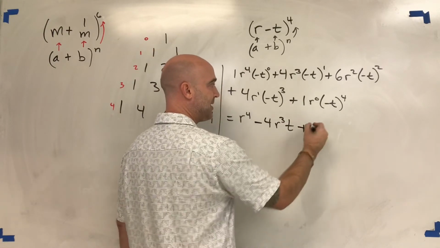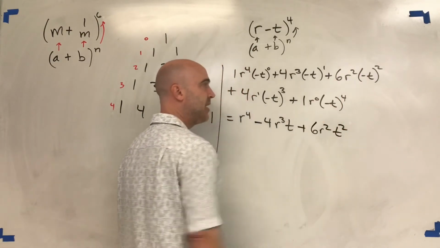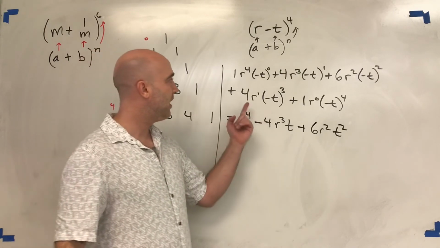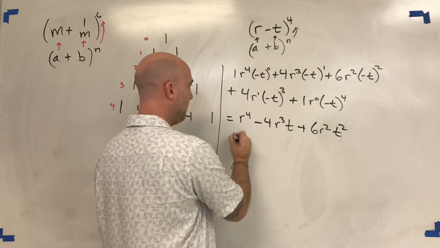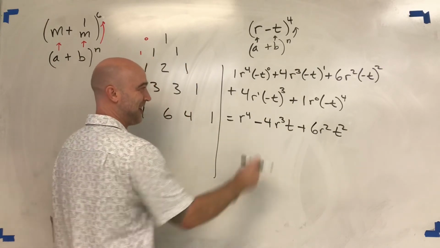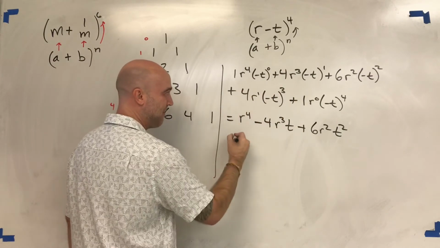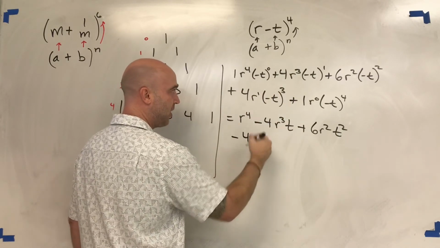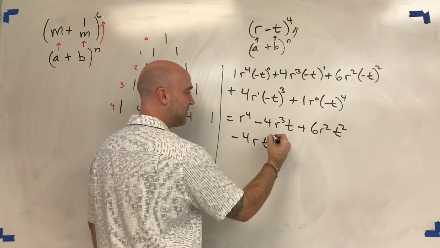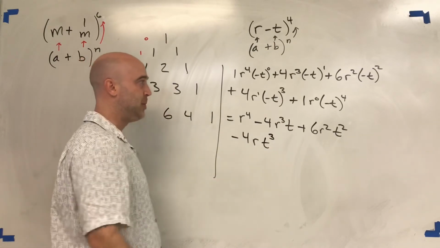Now it's a plus. 6r squared t squared. Negative t times negative t is t squared. And we're at this one. Plus. No, plus. Careful. There's that negative to an odd exponent. That turns everything negative. 4r to the 1st power is r, and then t times negative t times negative t is the negatives out front, and t cubed.